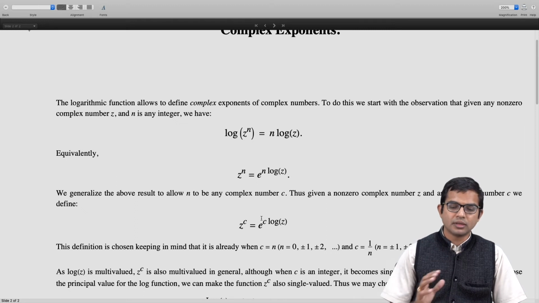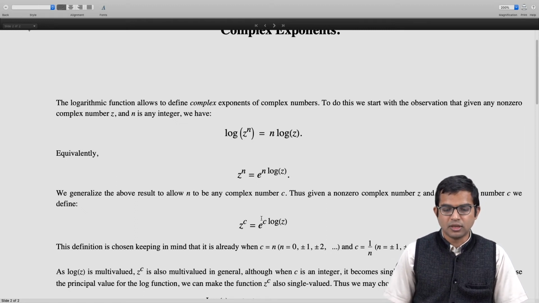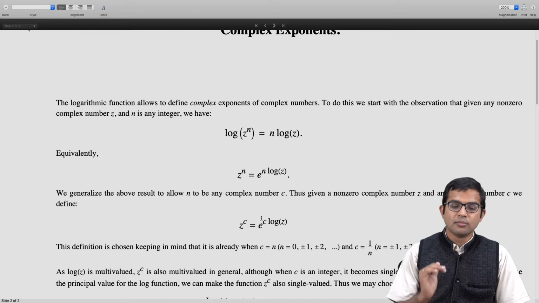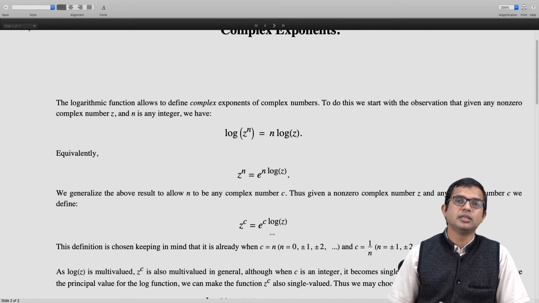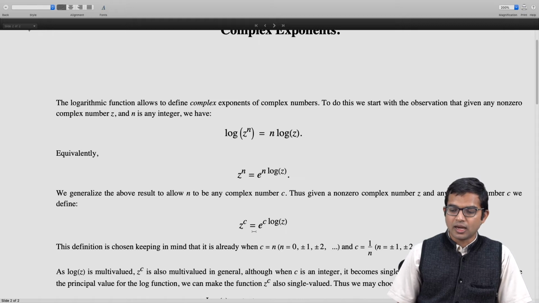So at some point we will discuss multi-valued functions in some more detail, but for our purposes here, we just want to observe that since log z is a multi-valued function, so is z to the c, and we can make it single valued if we restrict log of z to be capital LOG of z, which is the principal value, right?